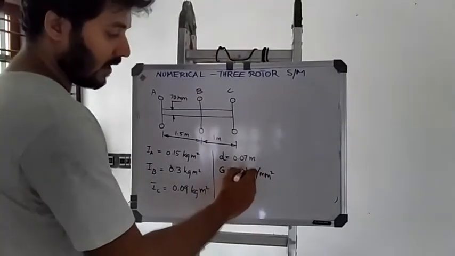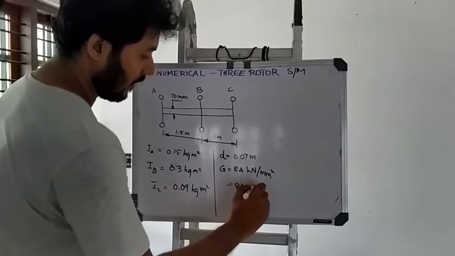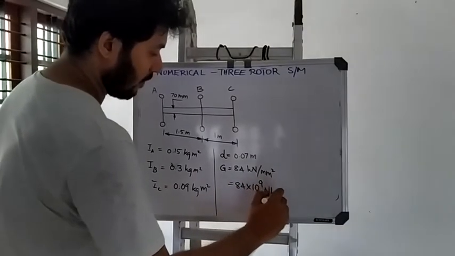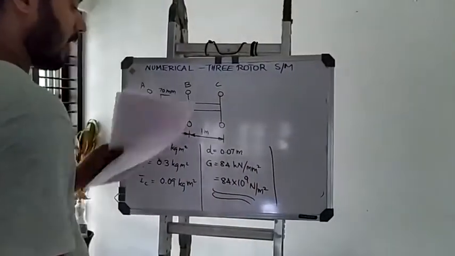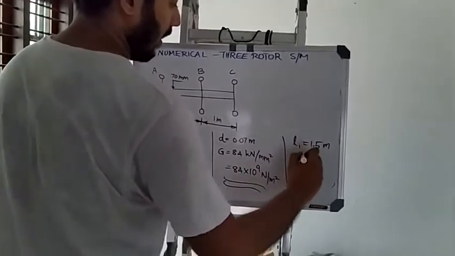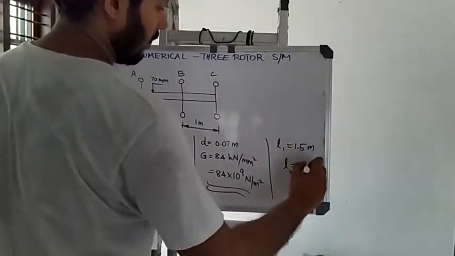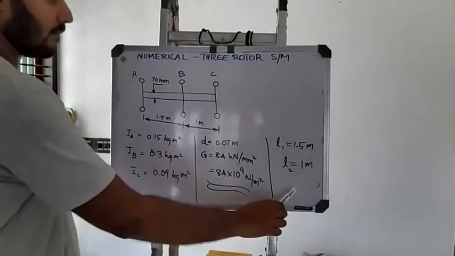You have 10 raised to 3 here and 10 raised to 6, so totally this will be 84 into 10 raised to 9 Newton per meter square. This is the value of G. Then we have L1 equal to 1.5 meters, L2 equal to 1 meter. These are the given data with respect to this question.